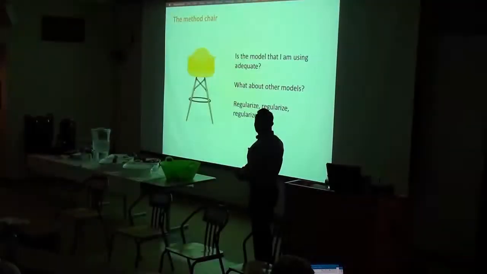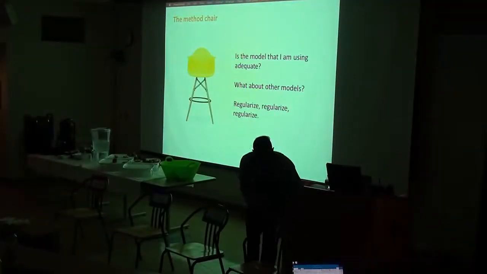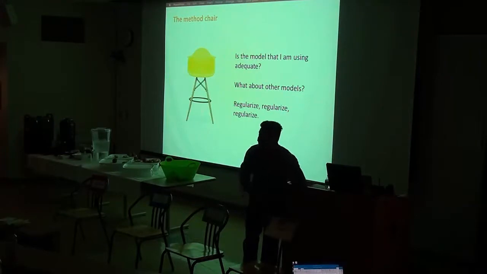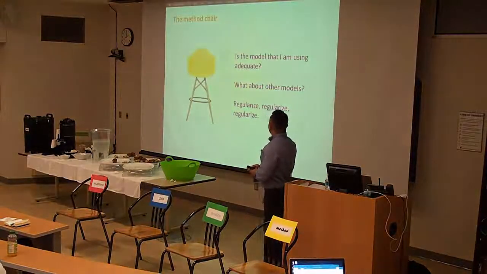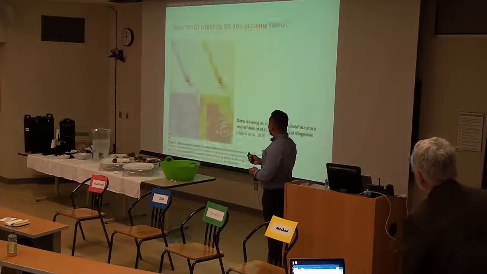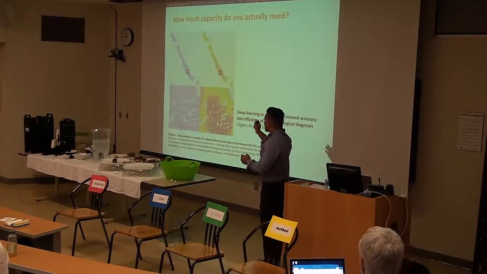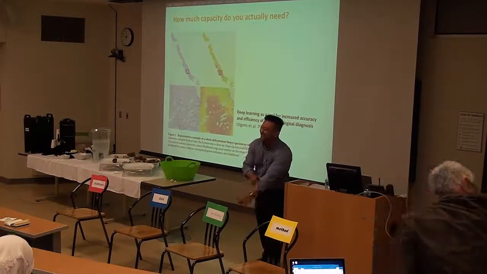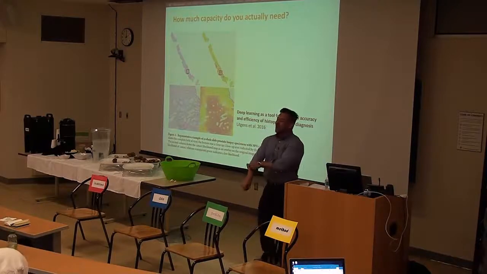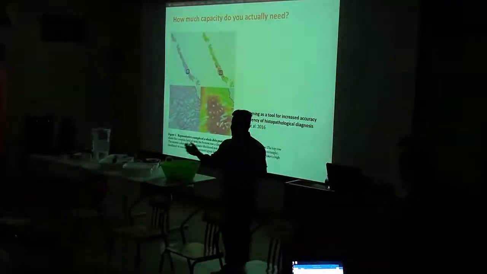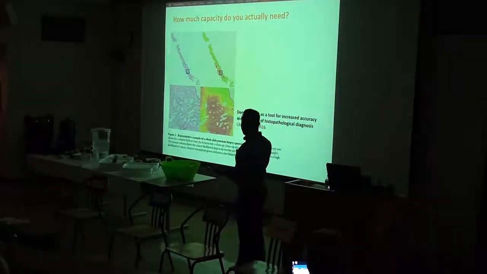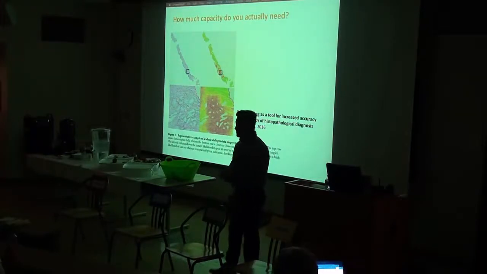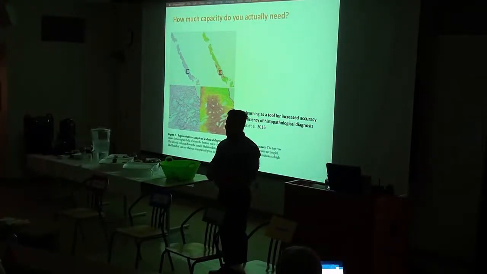Okay, and we finally got to the fourth chair, and that's the method. While I was doing research for this talk, I found this very interesting paper. This was published in Scientific Reports, which I think is a journal associated with Nature.